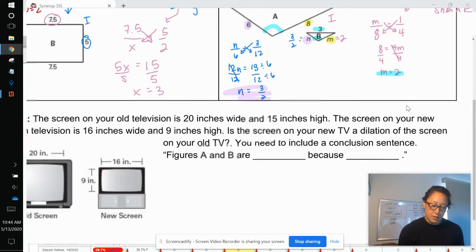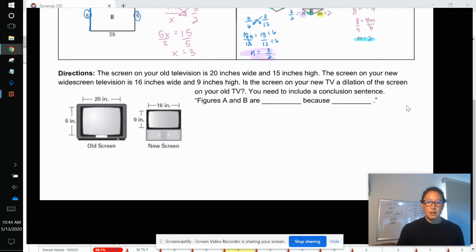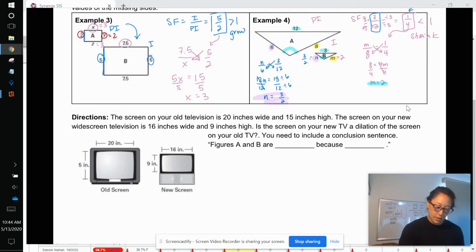Last one. How can I tell if the new TV is a dilation of the old TV? Remember, the new TV is the image, the old TV is the pre-image. So how could I test to see if these are the same? Well, first off, I notice they are both rectangles. So first we have to check the angle measures. Are they the same?